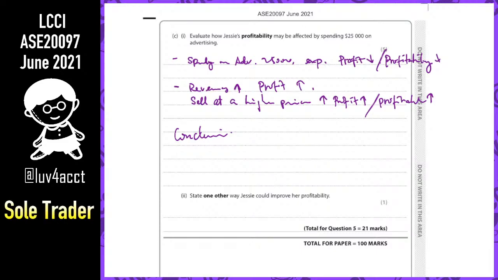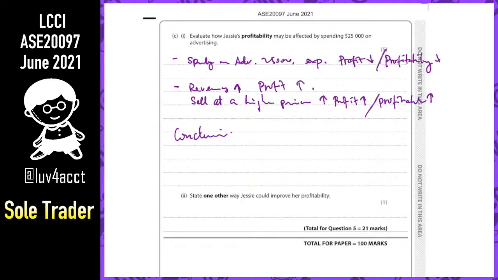So make a conclusion. Usually I would say when we make an advertising expense like that, the effect might not be immediate, and we can also mention the timing difference. We can also mention how much is increased.